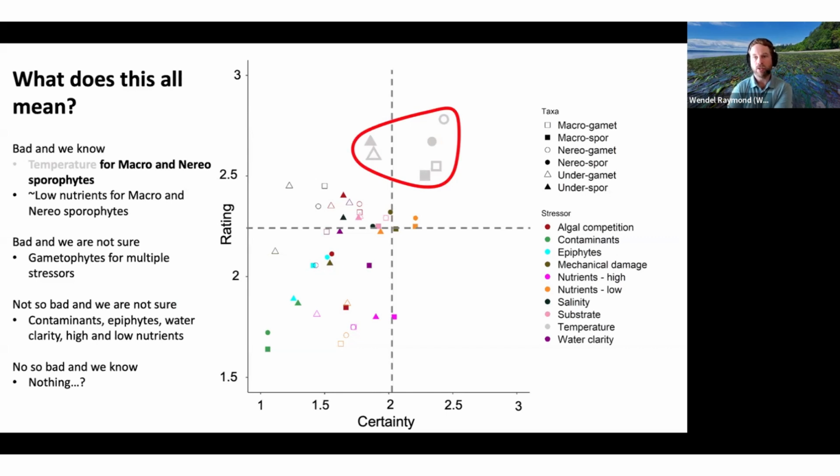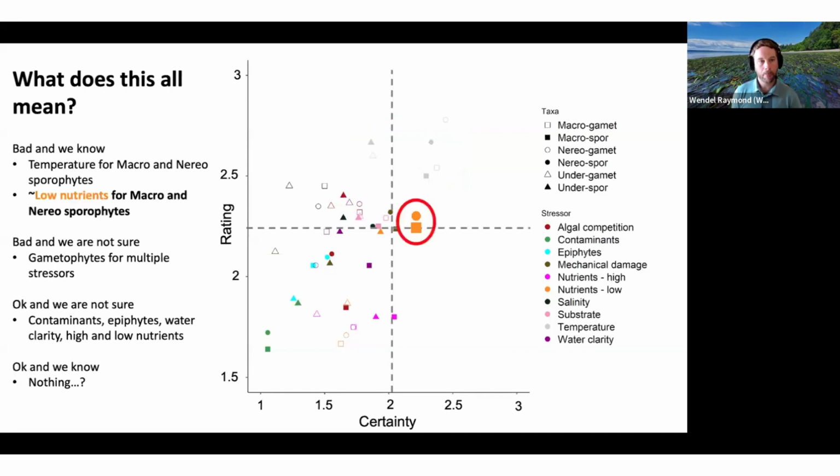The clear result here is temperature, probably not a surprise to most of you. We know that temperature can have pretty negative effects on macrocystis and nereocystis sporophytes. So that's that collection of gray points, both the adult and juvenile stages.